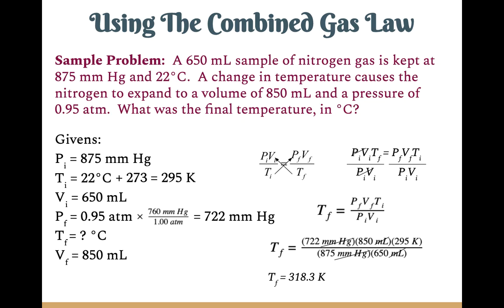We want to convert that back to degrees Celsius, so we subtract 273 and find that the final temperature was 45 degrees Celsius. Those are some examples of how you can use the combined gas law to solve problems where all three conditions, volume, pressure, and temperature, change.